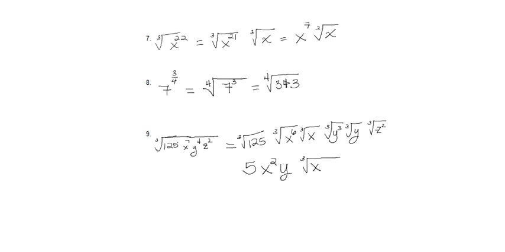And we still have 1 y underneath the cubed root. And then with our z, 2 is less than 3, so we leave it as z squared. So we're left with 5x squared y times the cubed root of xy z squared.